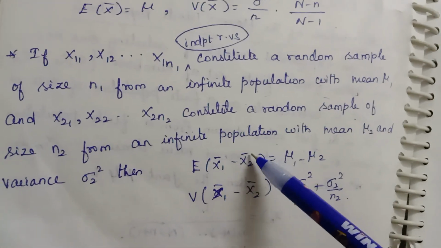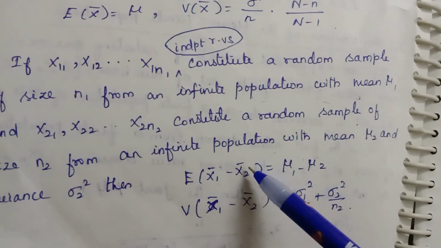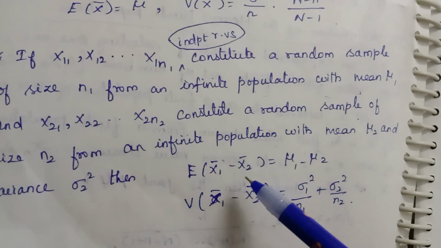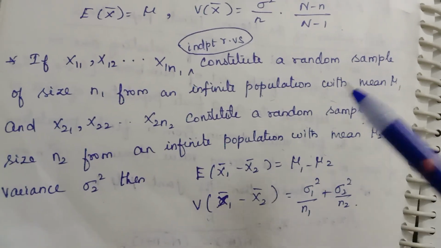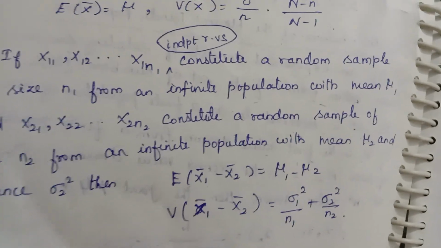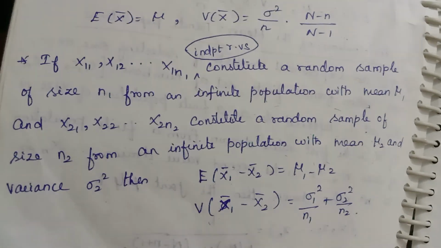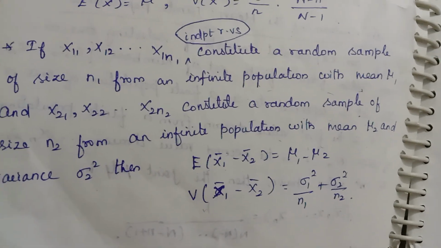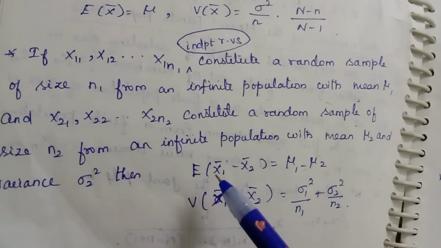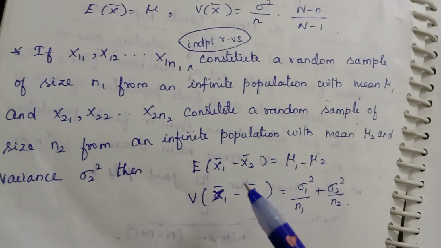Usually when we study mean and variance in statistics, we talk about the difference of means, not the difference of variances. So here also, from an infinite population we are taking two different samples, and x1 bar is the mean of the first sample and x2 bar is the mean of the second sample.